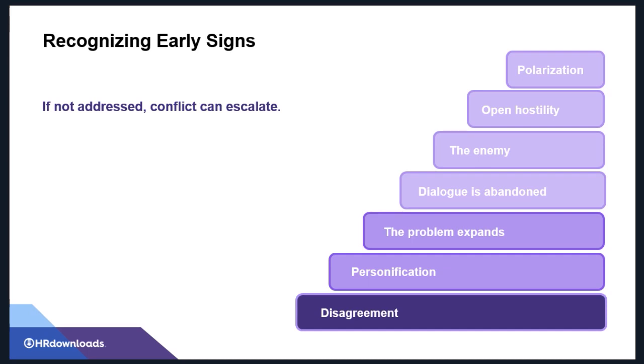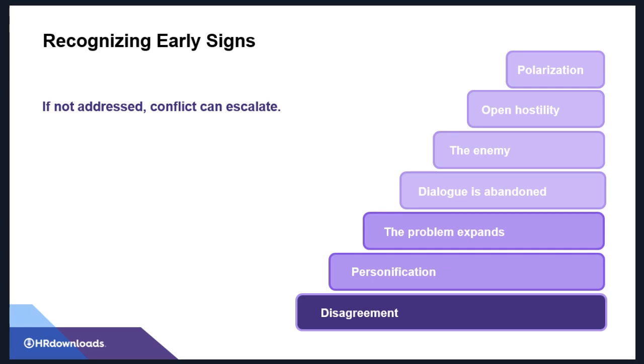Once there's an inkling of conflict, if not addressed, it does have the potential to continue to escalate to the point where it's unmanageable. So in this diagram, we're looking at a model that comes from the Danish Center for Conflict Resolution, and this is their conflict escalation model. It describes how it starts and how far conflict can actually escalate.